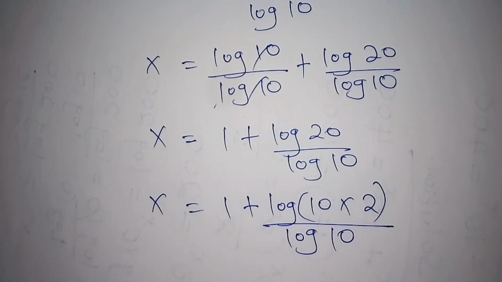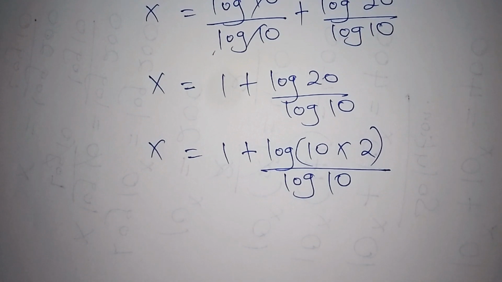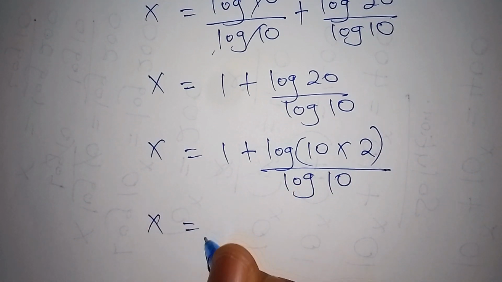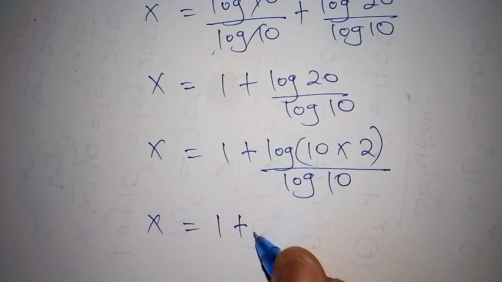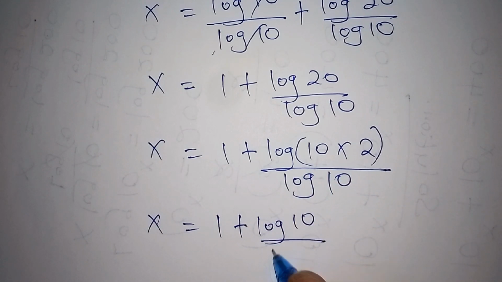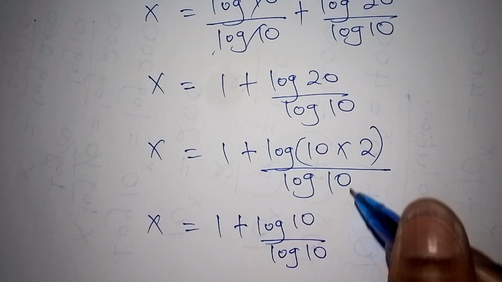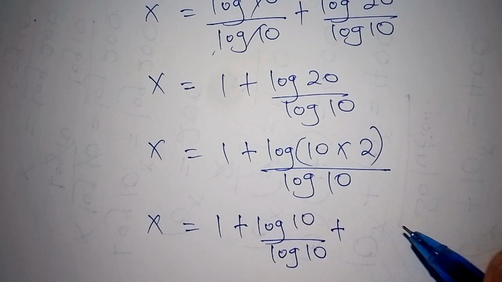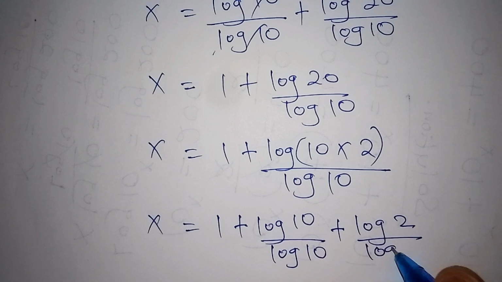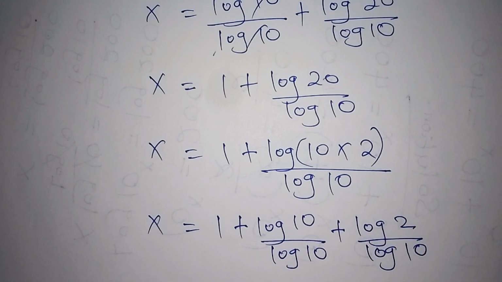So let's split this part. As we did the other time, x is equal to 1 plus the log of 10 divided by the log of 10, then the multiplication sign shall change to addition, plus the log 2 all over the log of 10.